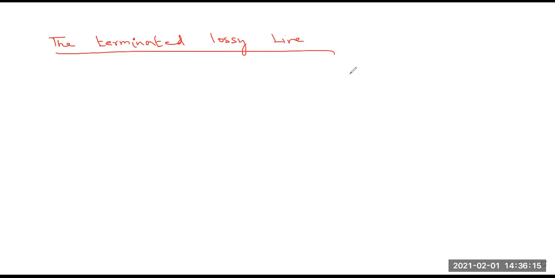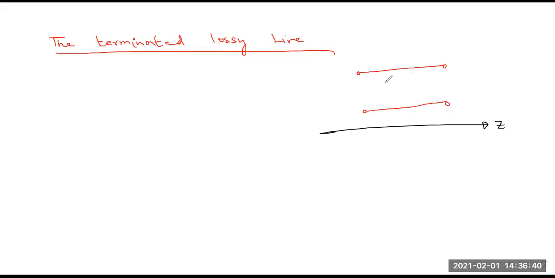So now when I will draw a symbol of transmission line like this, and I will again assume that it is placed along an axis, and in our case, this axis will be Z as before, and we will connect. So this is a lossy transmission line.